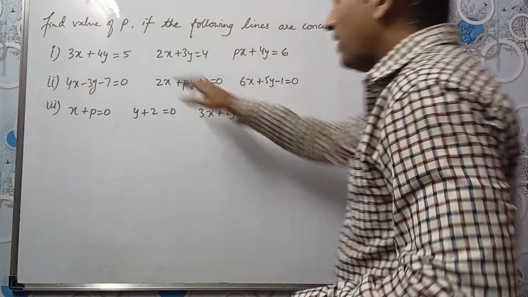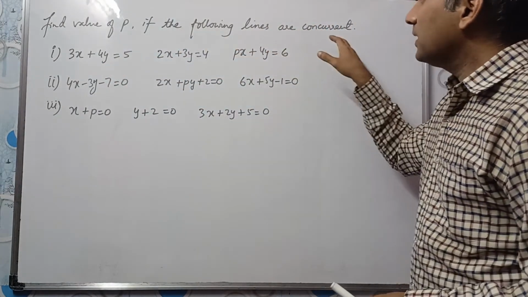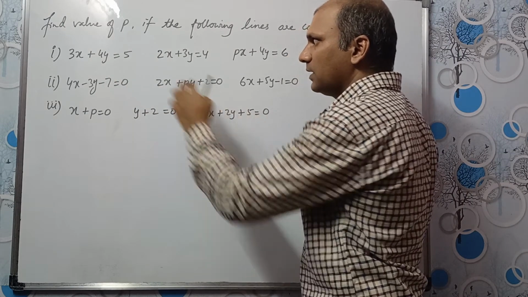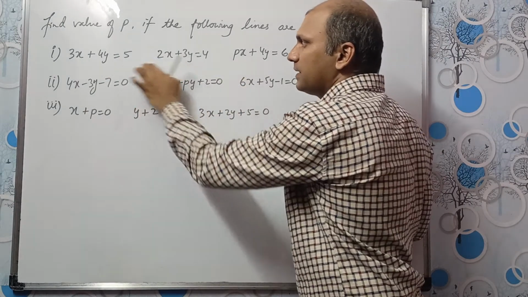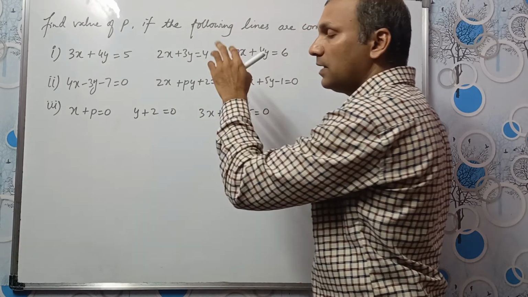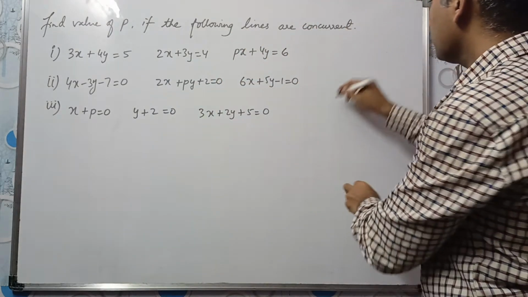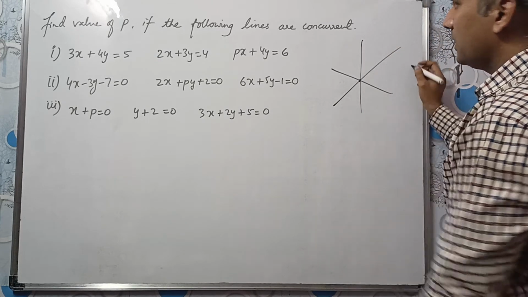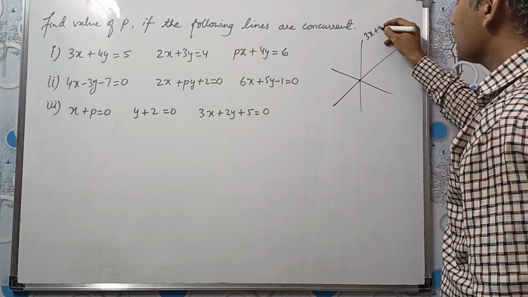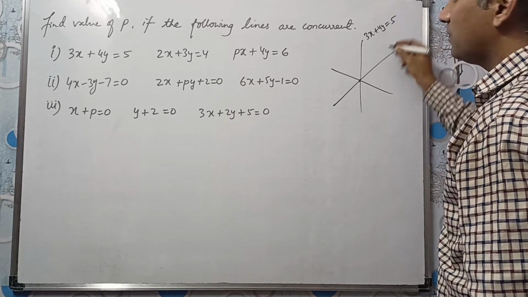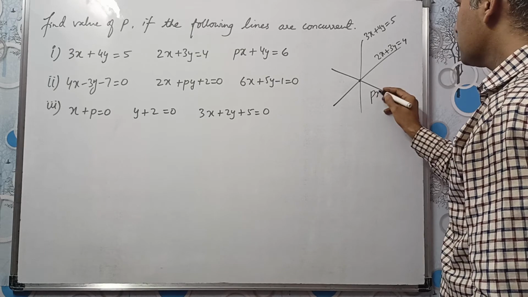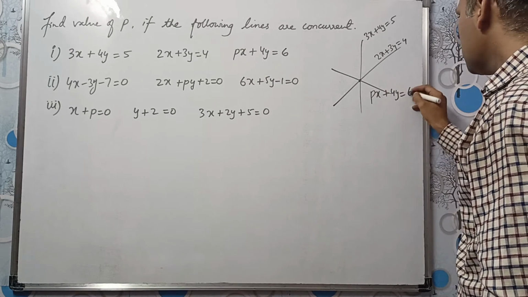Find the value of p if the following lines are concurrent. These are the 3 lines and it is clearly given that the lines are concurrent. Let us say this is 3x plus 4y is equal to 5, 2x plus 3y is equal to 4, and this is px plus 4y is equal to 6.